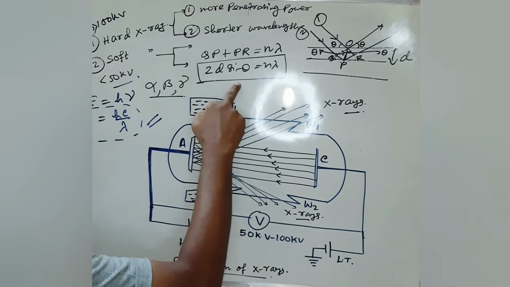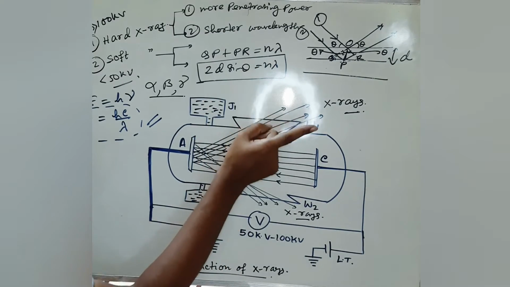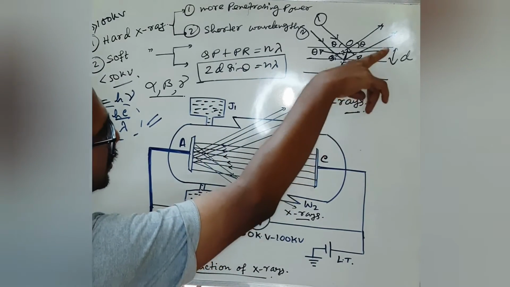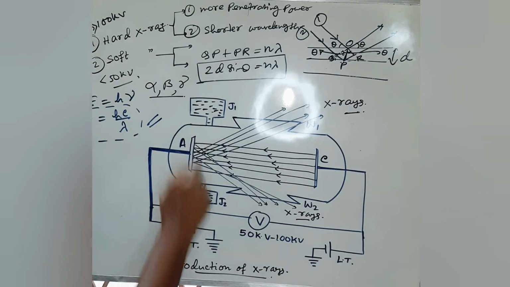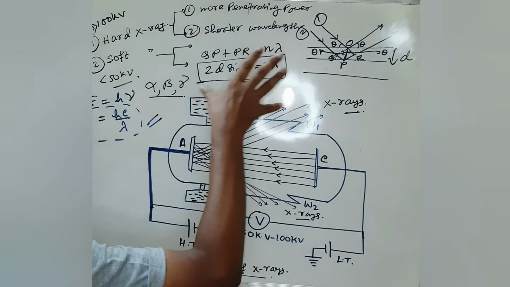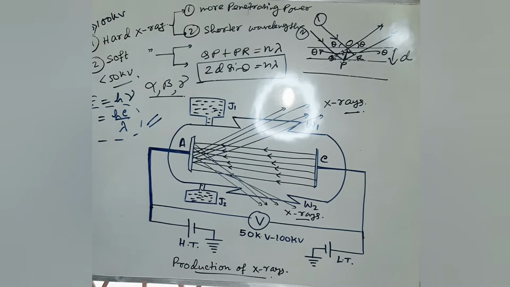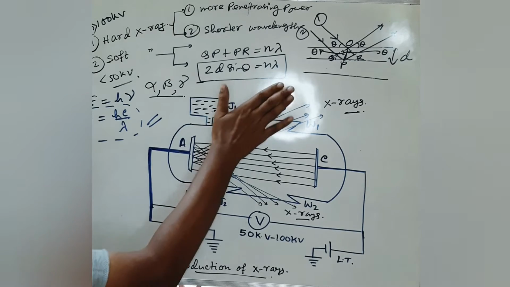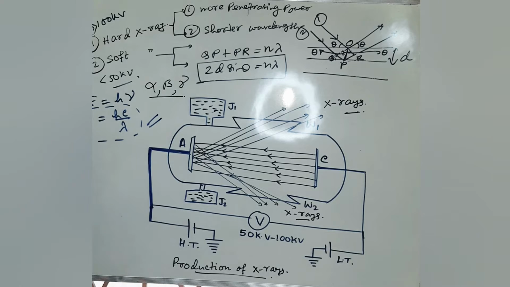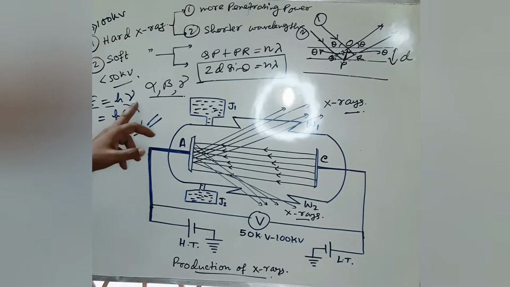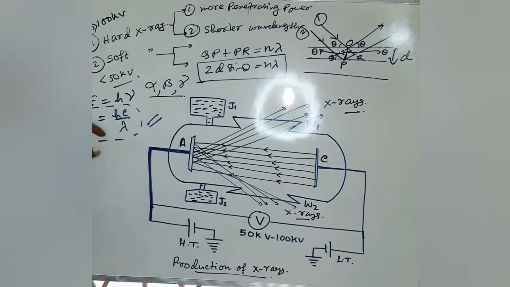Then we have 2d sin theta equals n lambda, from which we can get d, the separating distance between the surfaces of a metal. So it is useful for that. And one more thing, high energy is E, from Bohr's theory we know that E equals h nu, and so E equals hc by lambda.